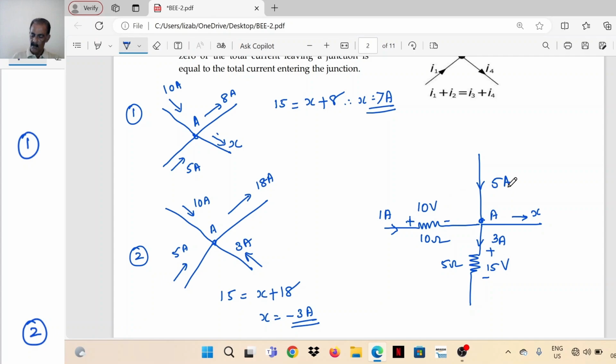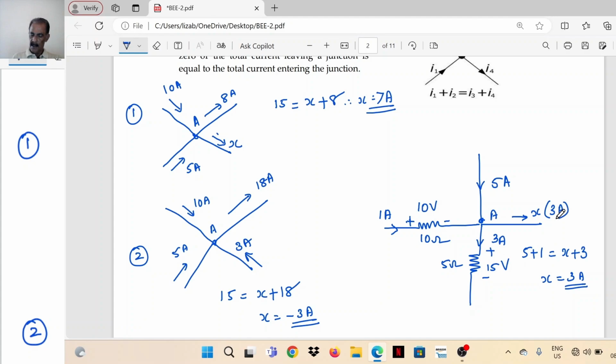So sum of incoming currents, 5 plus 1, is equal to X plus 3. So X is equal to 6 minus 3, 3 ampere. So this is an outgoing current only, which is equal to 3 ampere.